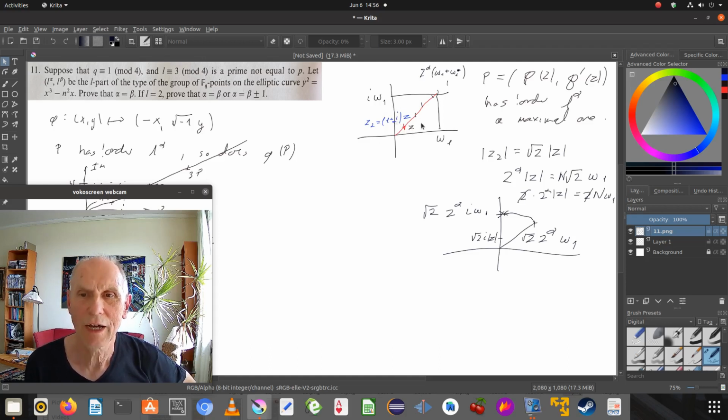They lie on a line here. So if this one goes in the middle, which it should of course, because there's a point here in the middle, then the other one will hit one of these lattice points.